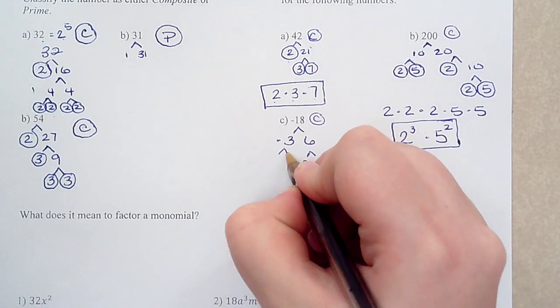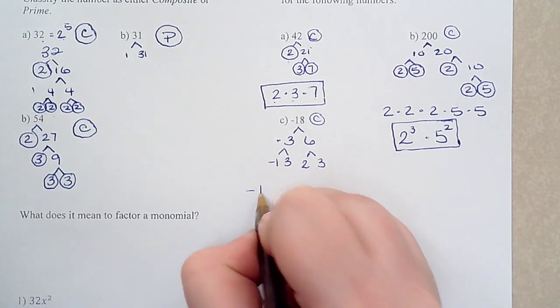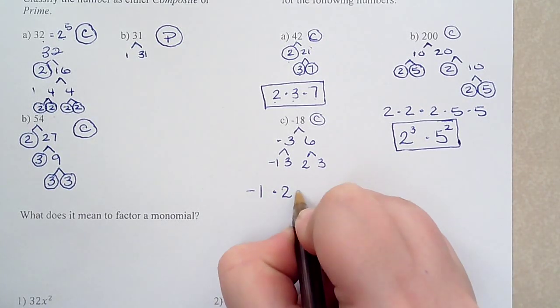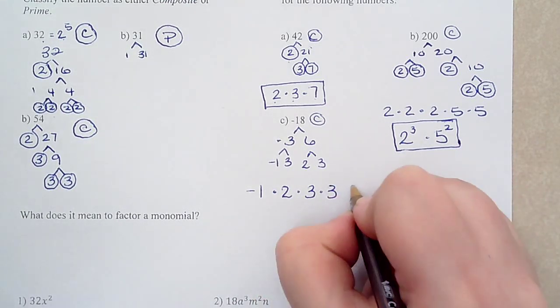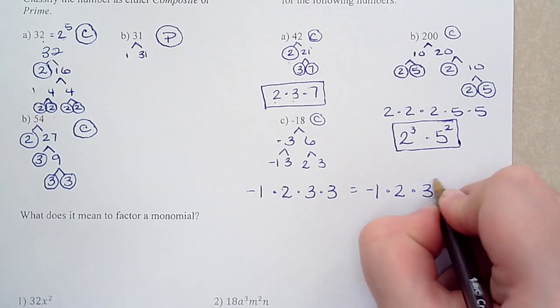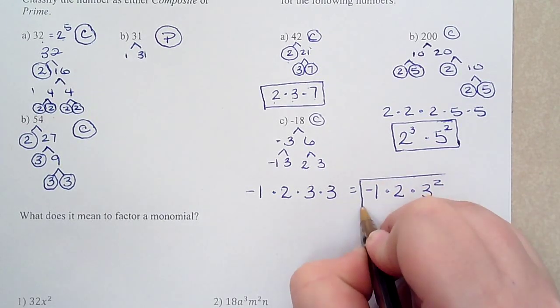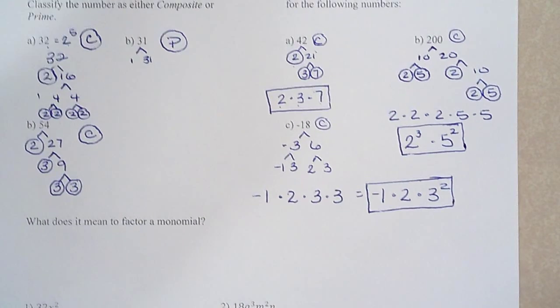So I'm going to break this one into a negative 1 and a 3 so that when I'm writing my prime factorization, I can write this as negative 1 times 2 times 3 squared. That just allows me to not have the negative in front of the 3. I just prefer writing it that way.